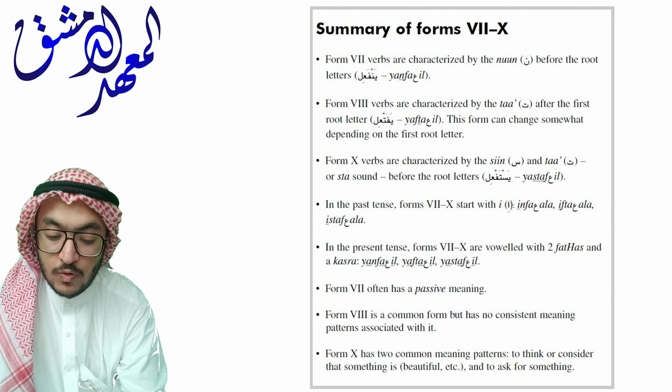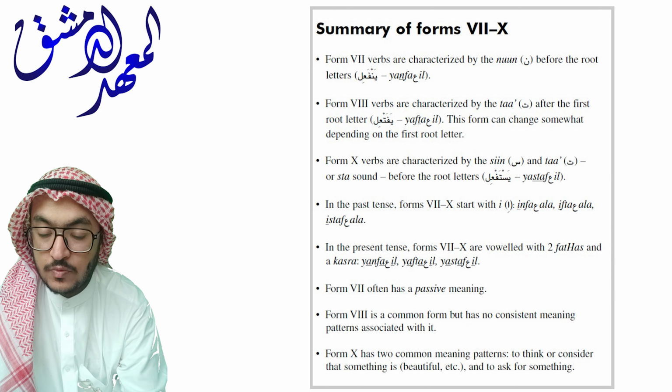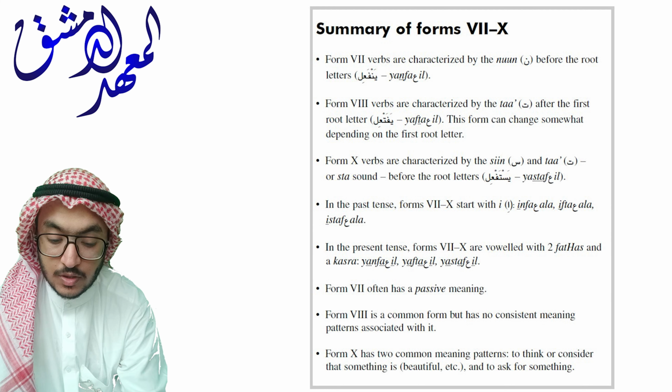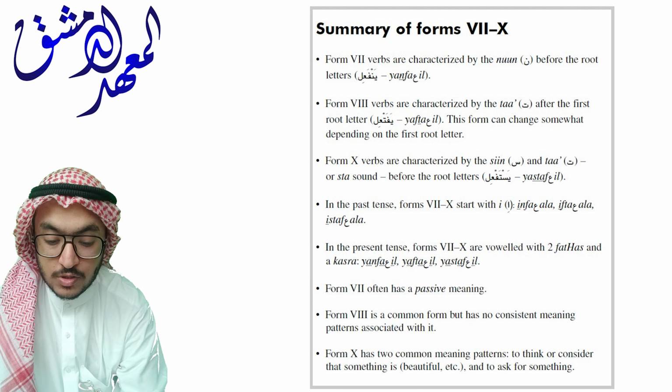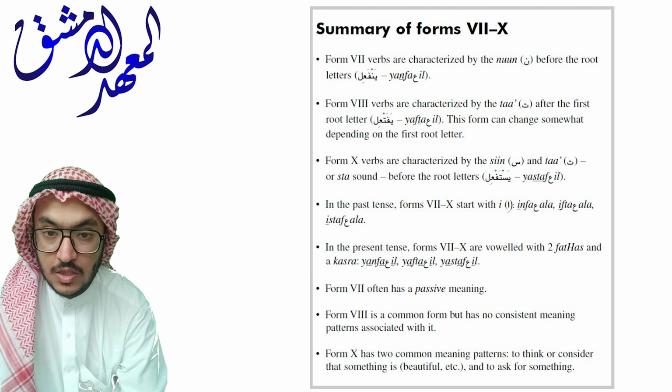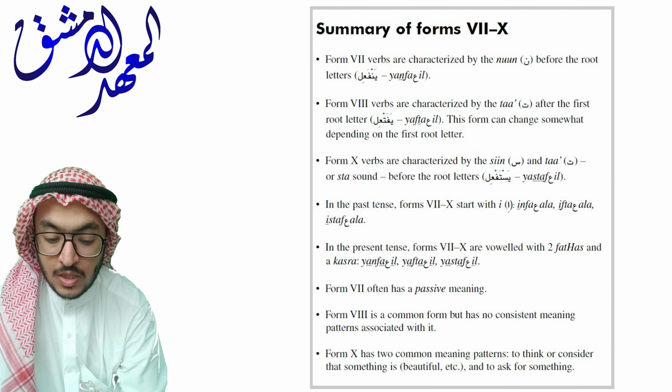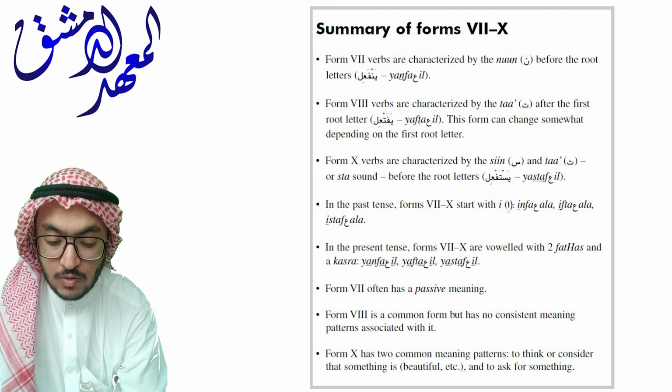Second root letter. No verbs in common circulation. Ibtas yabtais was sad is sad, and no verbs in common circulation for the form 10. As third root letter past and present, inqara yanqari was read is read, ibtada yabtadi began or begins, istahza yastahzi mocks or mocked. Weak verbs. No verbs in common circulation.